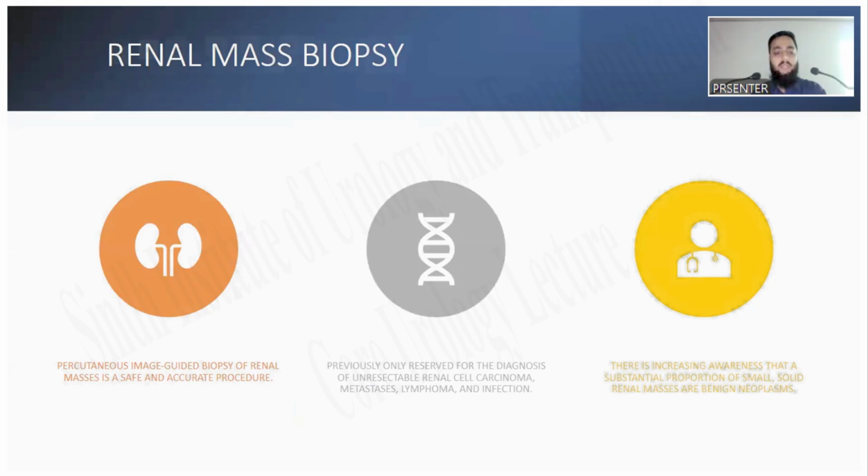So now the renal mass biopsy. Percutaneous image-guided biopsy of renal masses is a safe and accurate procedure, previously only reserved for the diagnosis of unresectable renal cell carcinoma, metastasis, lymphoma, and infection. There is increasing awareness that a substantial proportion of small solid renal masses are benign neoplasms.